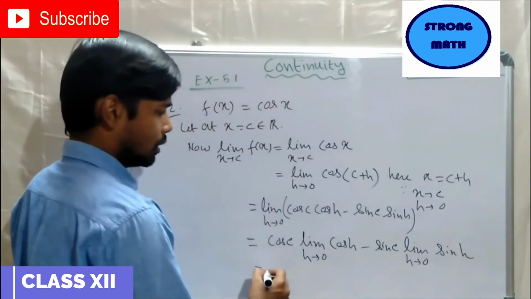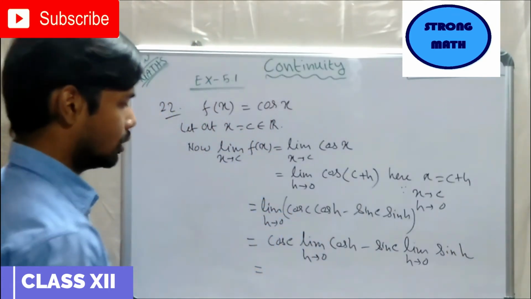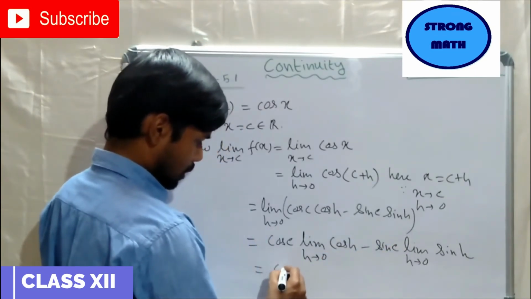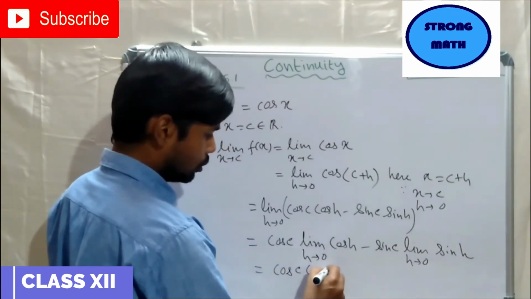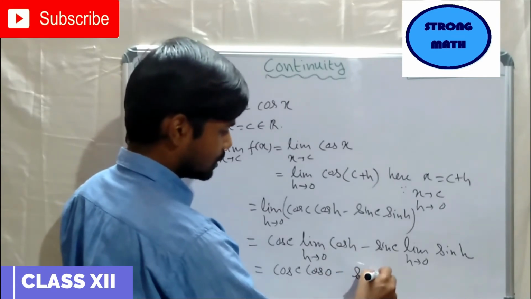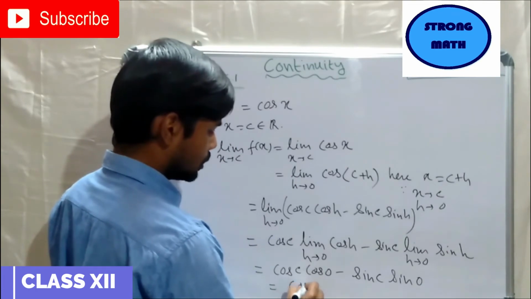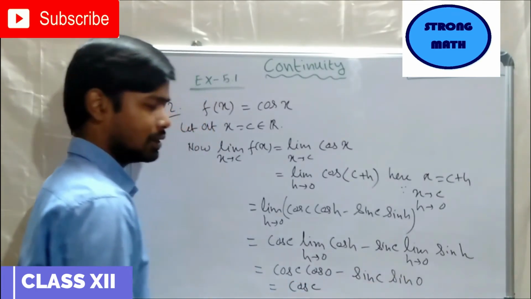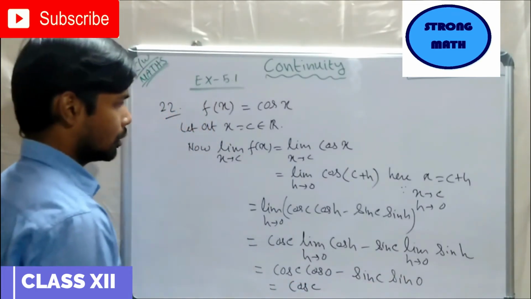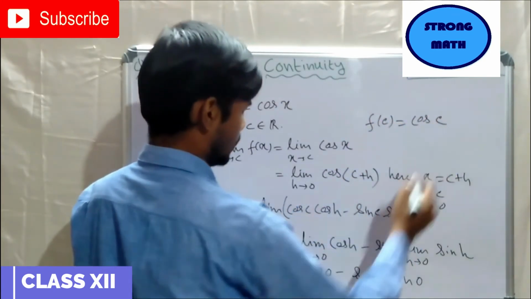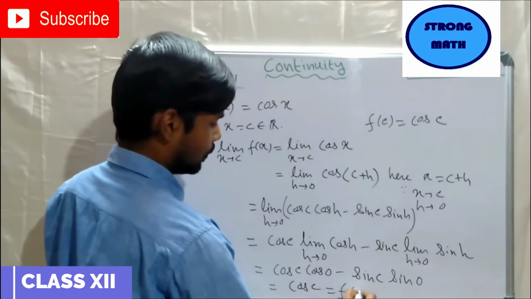If we substitute the value of h in both cases, then we have cos c times cos 0 minus sin c times sin 0. Cos 0 is 1, so this is cos c, and this is 0, as sin 0 equals 0. Now f(c) equals cos c.